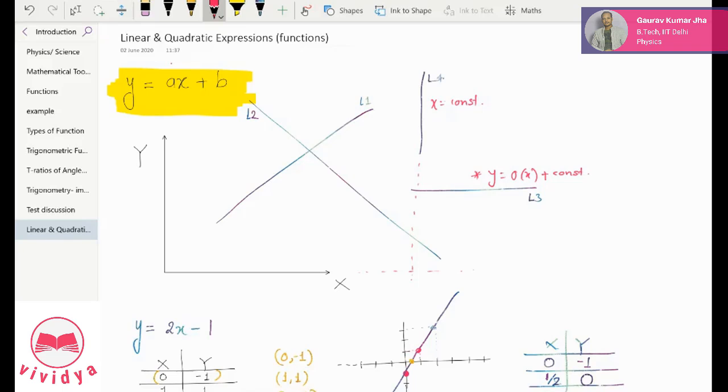Not the difference between L3, L4 and L1, L2. I want the difference between L1 and L2. Yes, they are intersecting, but fine. What is the difference between L1 and L2?